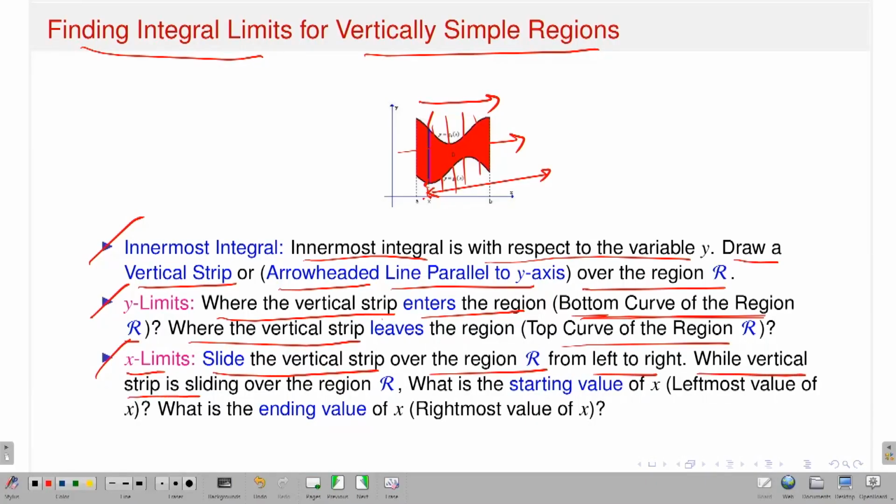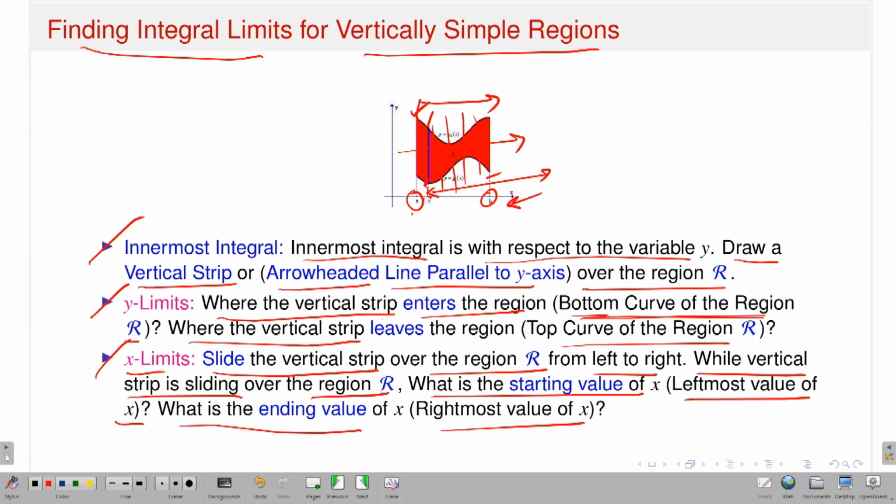While the vertical strip is sliding over the region R, what is the starting value of x? The starting value of x is equal to a. Then you shift parallelly to the right end, and that ends here at the point b. So, the leftmost value of x is nothing but a in this picture, and the ending value of x is the rightmost value of x, that means b.